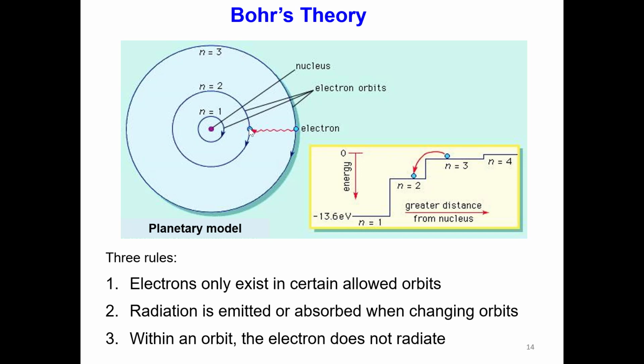If the electron jumps from this orbit to this orbit, then it can emit some radiation. But within an orbit, the electron doesn't radiate. If the energy is not enough to jump from here to here, that material is not going to radiate energy. It can radiate only if the electron moves from orbit to orbit.